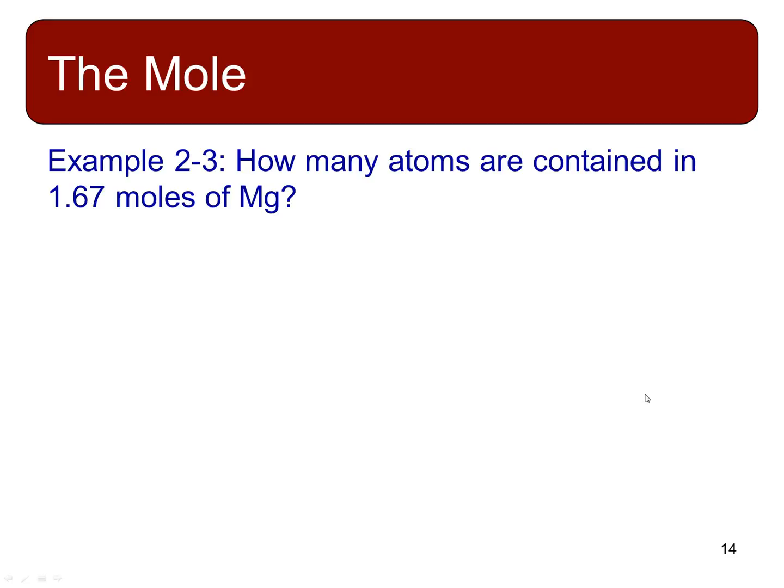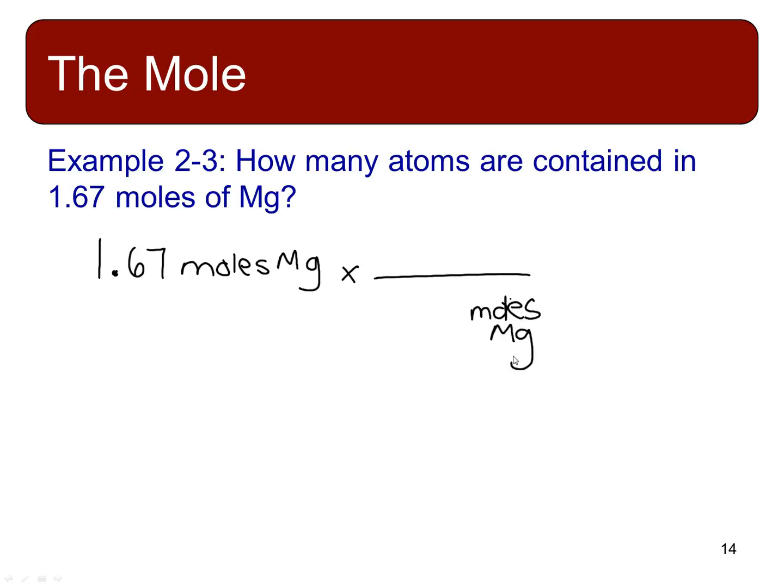But first, the first thing we're going to do is write out what we're given. Okay, we know if we have moles of magnesium that we're given, we have to have that same unit here to cancel.